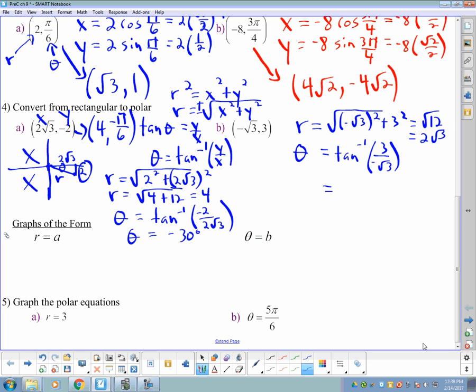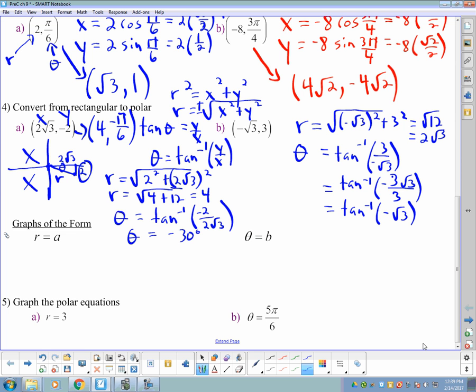You guys might recognize this as inverse tangent of negative... if I simplify this, I'm going to multiply by root 3 over root 3, right? So it'd be negative 3 root 3 over 3, which is equal to inverse tangent of negative root 3.